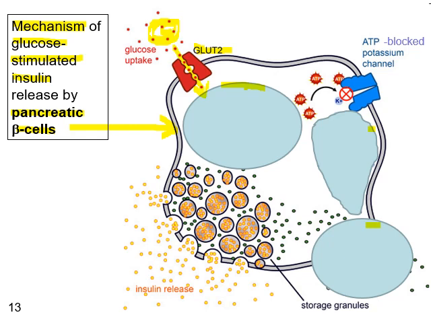So we're going all the way back to cell physiology, talking about facilitated diffusion of glucose through a specific uniporter, the GLUT2 glucose transporter. I do not care if you memorize the name of this protein, but I do want you to know that facilitated diffusion is how elevated blood glucose after a meal gets into pancreatic beta cells.